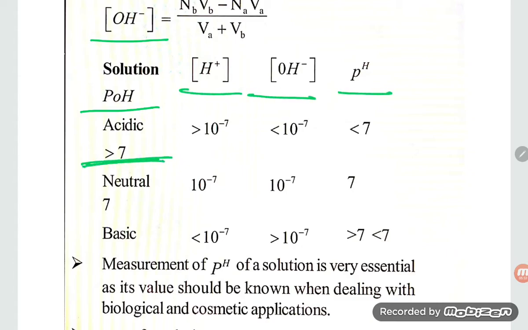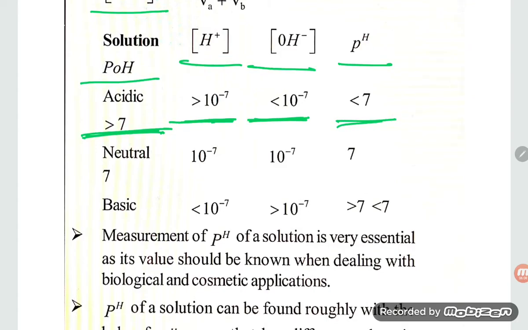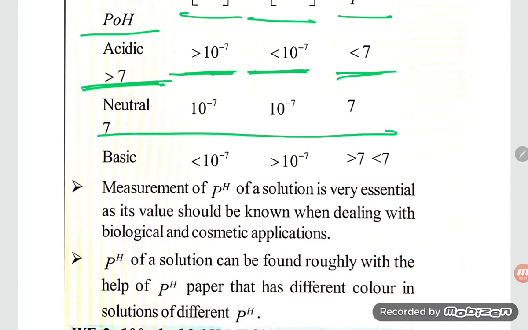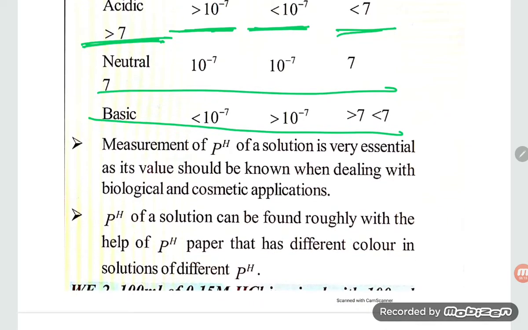For an acidic solution, the hydrogen ion concentration is more than 10 power minus 7 and hydroxide ion concentration is less than 10 power minus 7, so the pH will be less than 7. Neutral will be 7 and basic will be more than 7.